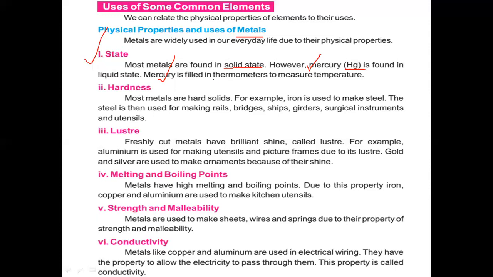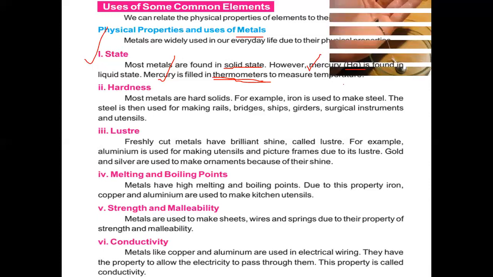It is used in thermometers. Therm means temperature. Those instruments are used to observe the temperature. If we have a fever, we use thermometers to check our temperature. In that, we see this mercury to measure temperature.